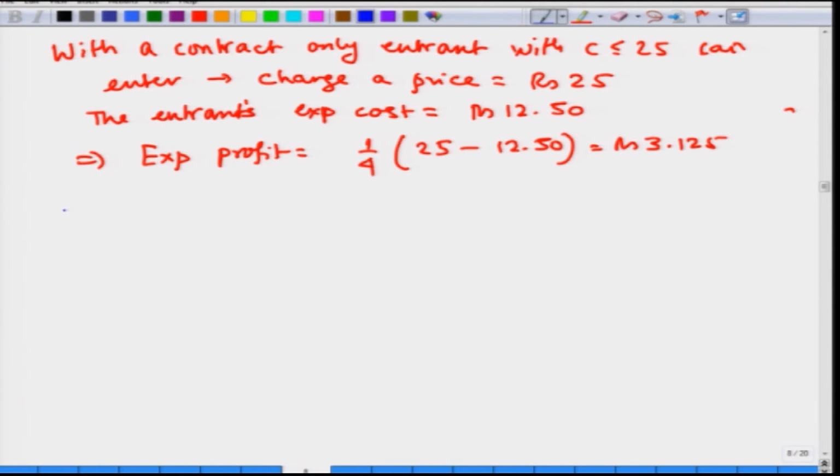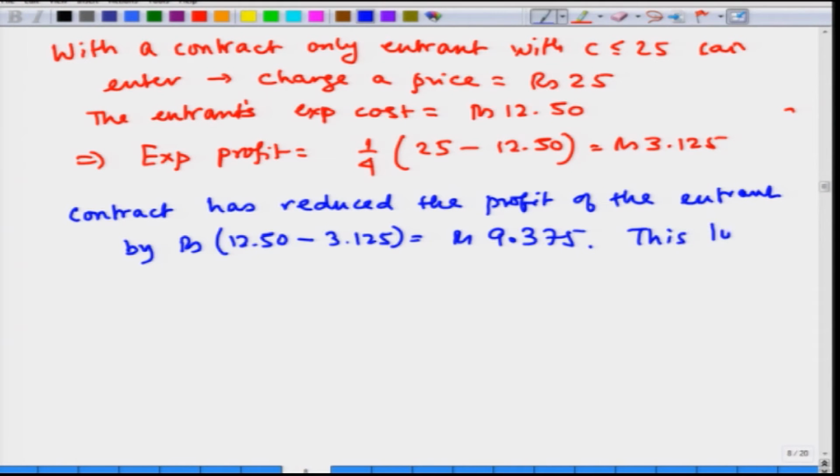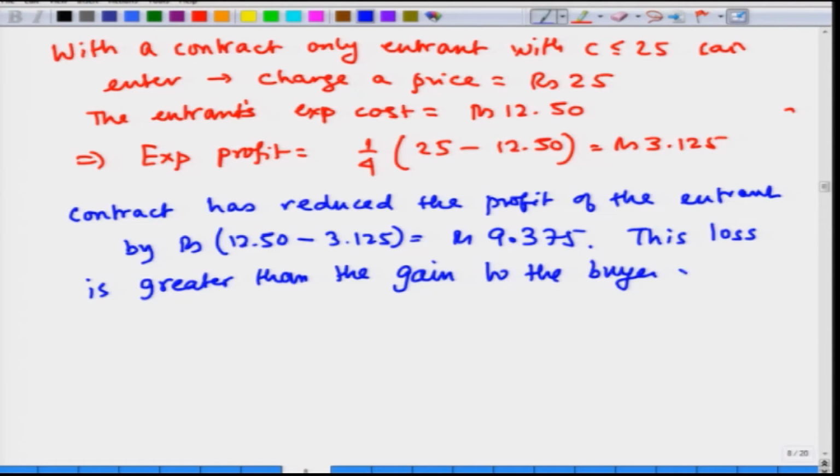So, essentially the contract has reduced the profit of the entrant by rupees 12.5 minus 3.125, which is rupees 9.375, and this loss is greater than the gain to the buyer and the incumbent, right.